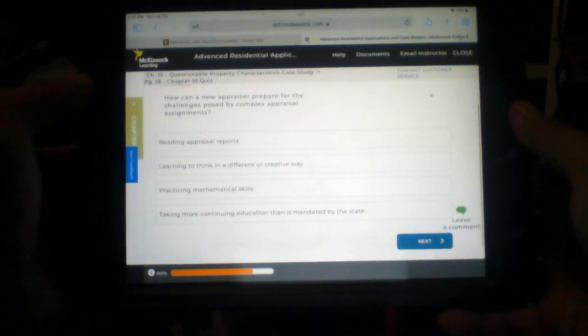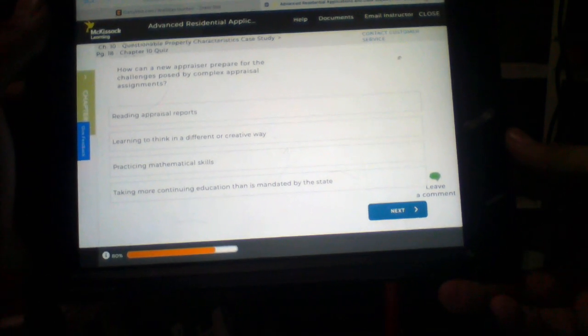Number 1, how can a new appraiser prepare for the challenges posed by complex appraisal assignments? A, reading appraisal reports. B, learning to think in a different or creative way. C, practicing mathematical skills.